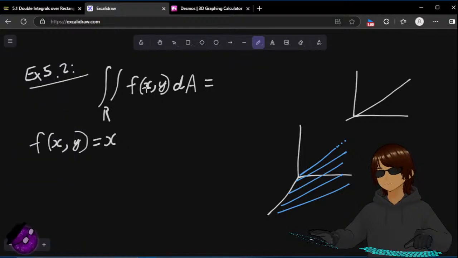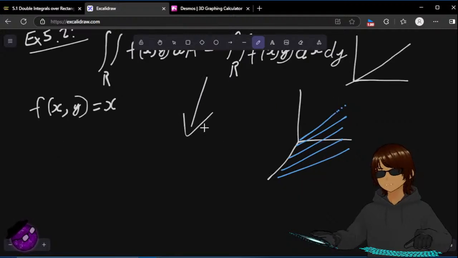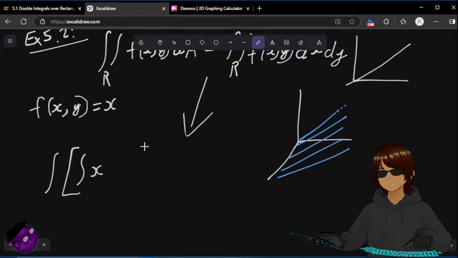Now, if we want to integrate this, we integrate with respect to x and then with respect to y. And then we have, this is just x. Do we add a plus c because the limits are not given?